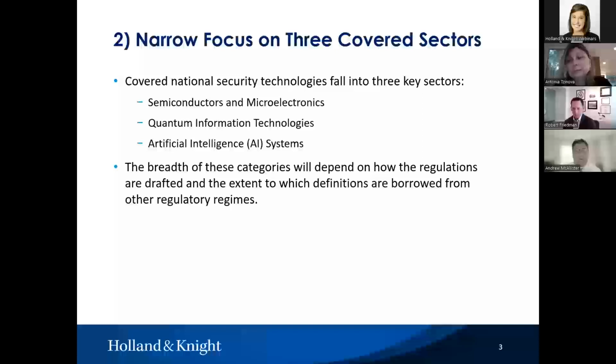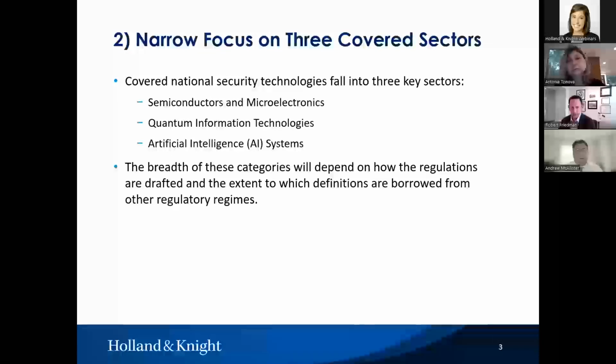And the reason I mention that is, in addition to these three key sectors, that act that's been voted on by the Senate includes three other sectors: hypersonics, satellite-based communications, and networked laser scanning systems with dual-use applications. So I think that's just illustrative of the potential of future expansion in this area, whether it's through additional legislation or through executive action.